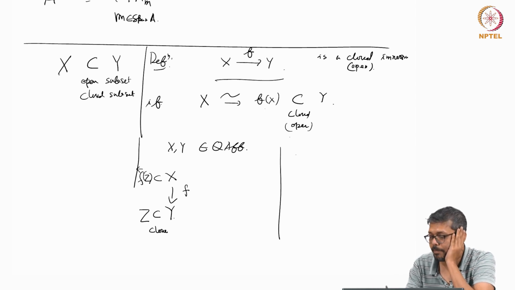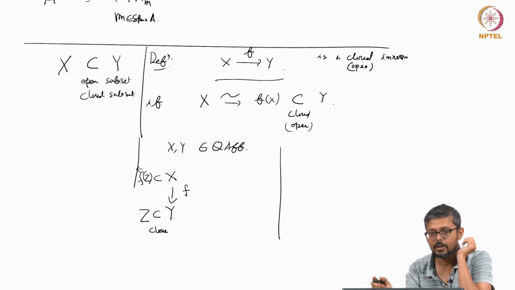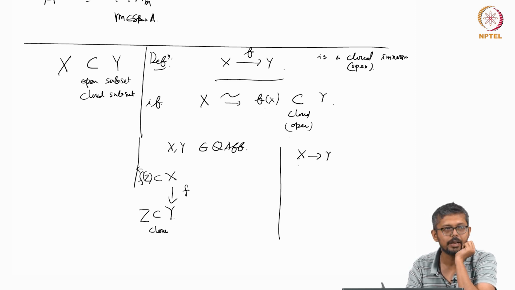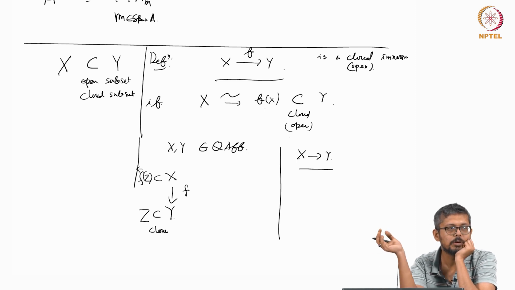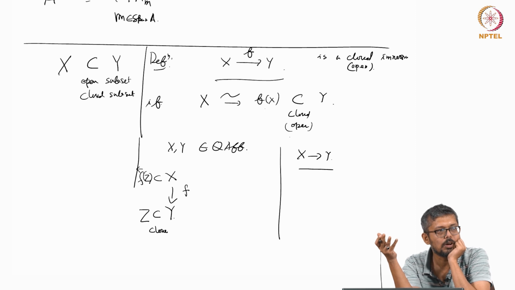Whenever you have a map, the simplest maps are isomorphisms. But if it is not an isomorphism, or not an open or closed immersion, then there are maps from X to Y where the fibers are finite. In algebraic geometry they are called quasi-finite maps. Finite maps correspond to something more: you call it finite if it is an integral extension.